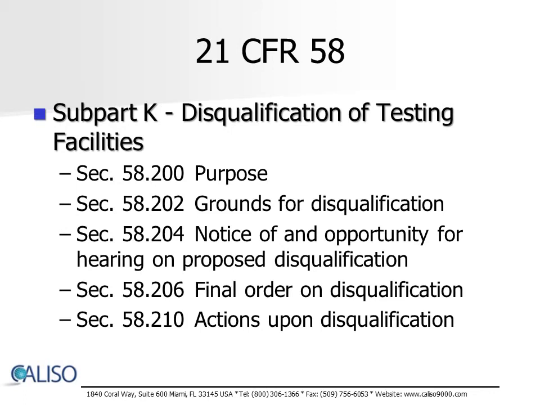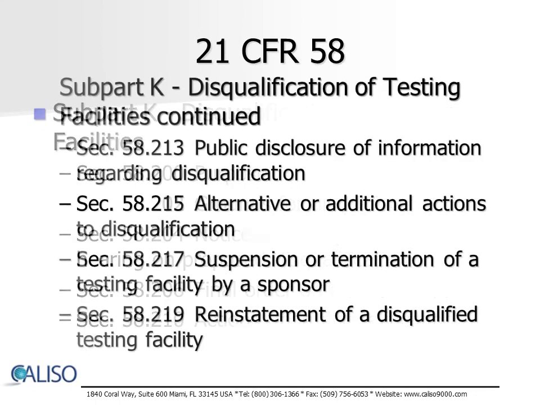The section details the reasons and steps that are taken when a facility fails to comply with the requirements of good laboratory practice regulations and includes purpose, grounds for disqualification, notice of an opportunity for hearing on proposed disqualification, final order on disqualification, actions upon disqualification, public disclosure of information regarding disqualification, alternative or additional actions to disqualification, suspension or termination of a testing facility by a sponsor, and reinstatement of a disqualified testing facility.